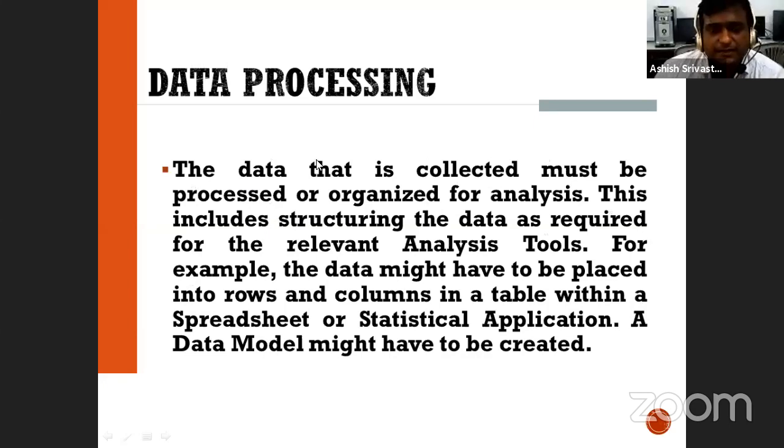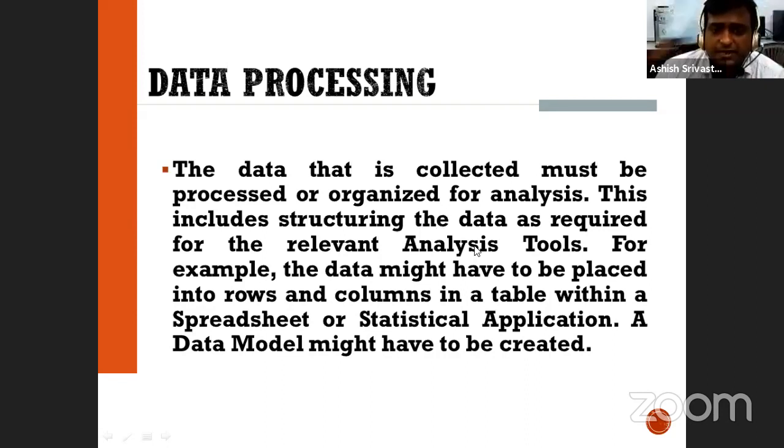On the next slide, that is the main third step, that is data processing. Data that is collected must be processed or organized for the analysis. We know very well when we achieve the information, to achieve the information, we have to process the collected data. In the above example, as we discussed already, 2 into 2 is equal to 4. So 4 is the result or information that comes out after the processing of the data.